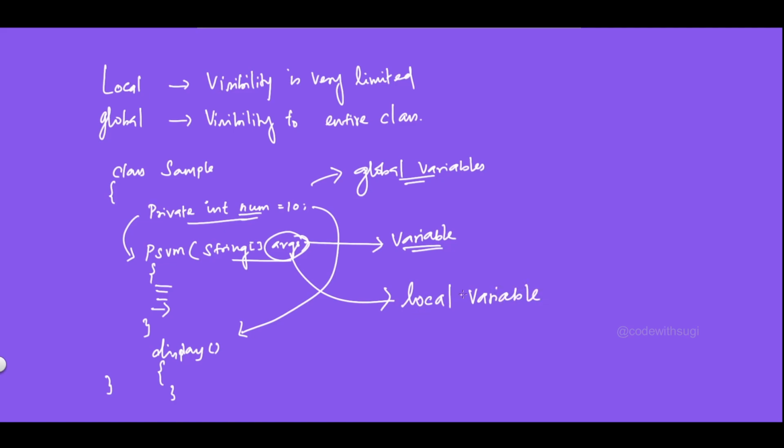That's the reason we say local variables have only limited access, but a global variable has access to the entire class. Wherever you want, you can access the global variable. So I think it's now clear what a local variable and a global variable are. With respect to scope, we have only these two types of variables.